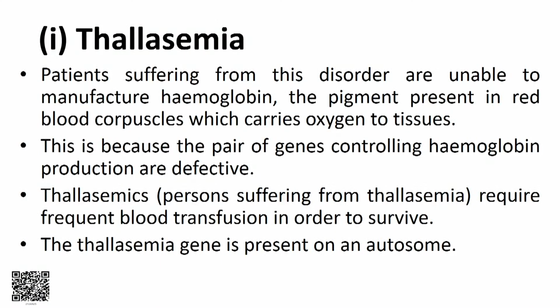Patients suffering from this disorder are unable to manufacture hemoglobin, the pigment present in RBCs which carries oxygen to tissues. This is because the pair of genes controlling hemoglobin production are defective. A thalassemic person requires frequent blood transfusions in order to survive. The thalassemia gene is present on an autosome.